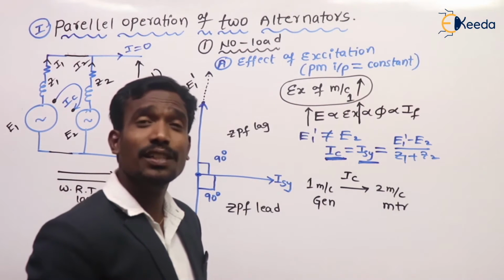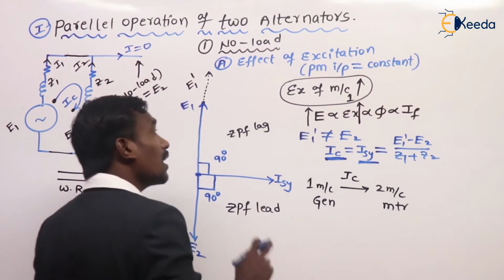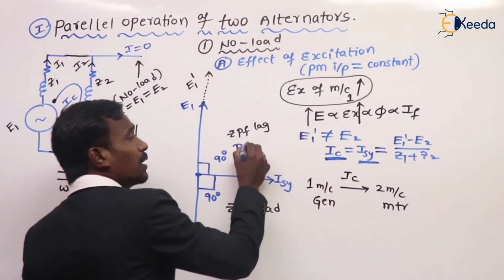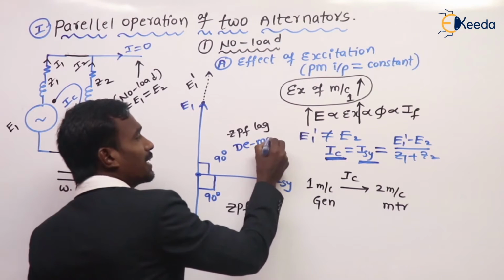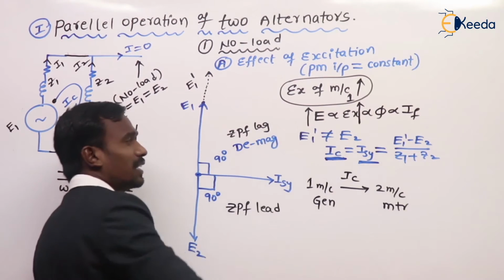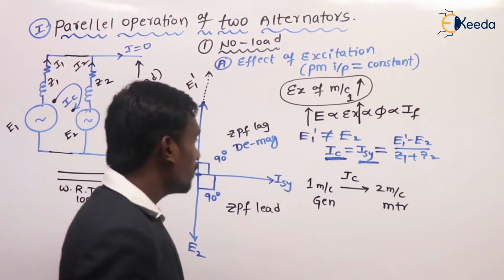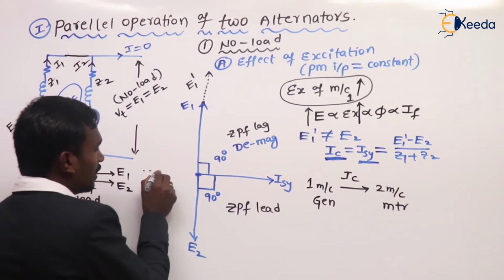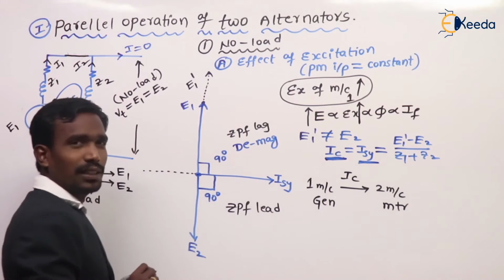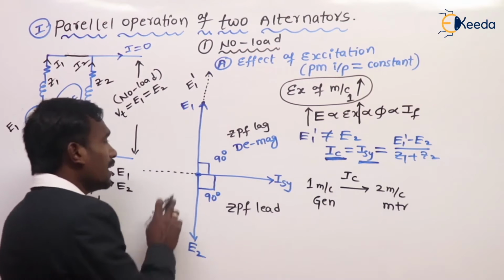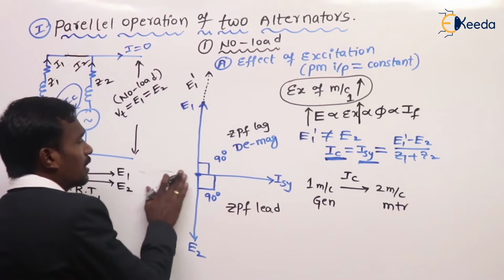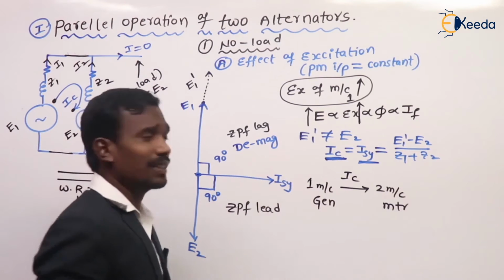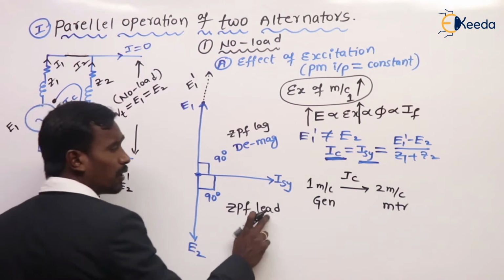What is the armature reaction for generator 1? Generator 1 is purely demagnetizing. Yes or no? Because our main field flux is here, for example. Machine 1 acts as a generator which is demagnetized, and machine 2 has zero power factor leading.